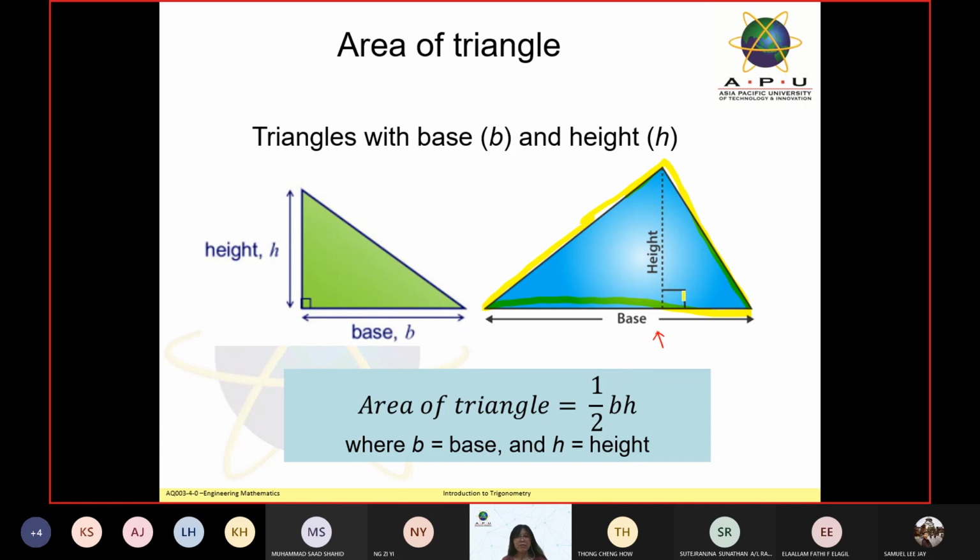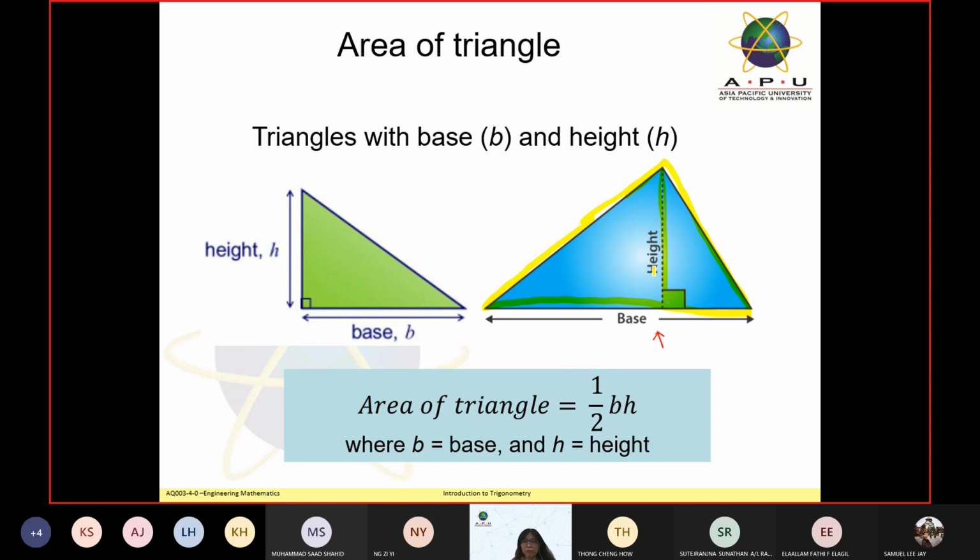If, let's say, for this triangle we know the height, the height is measured from the base. Can you see this is a vertical height? The height must be vertical, so this line must be 90 degrees to the base. Then it's a vertical height of the triangle.